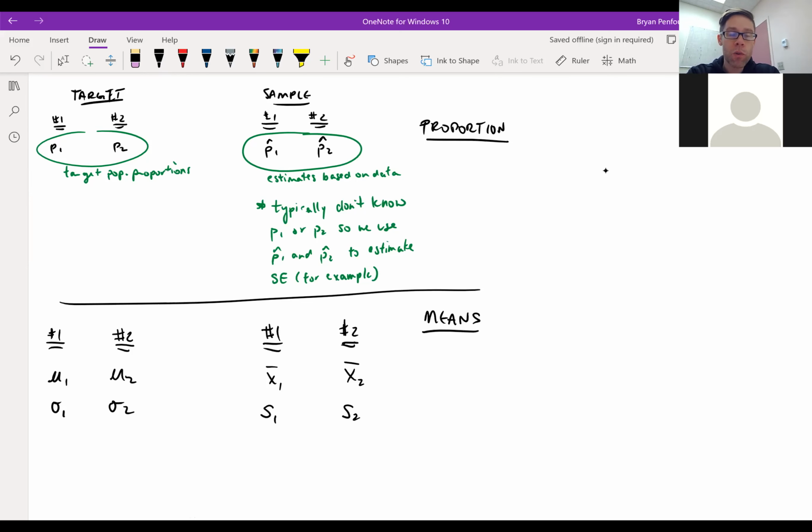So for those of you that are working solely with numerical data, you can just use Microsoft Excel. You're going to use the STDEV.S command, I believe. So we want the standard deviation based on the sample, not based on the entire population.